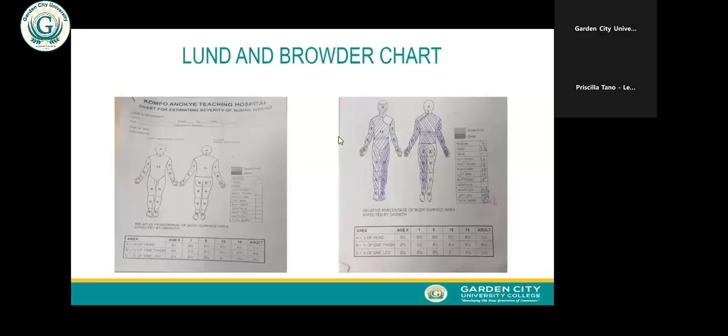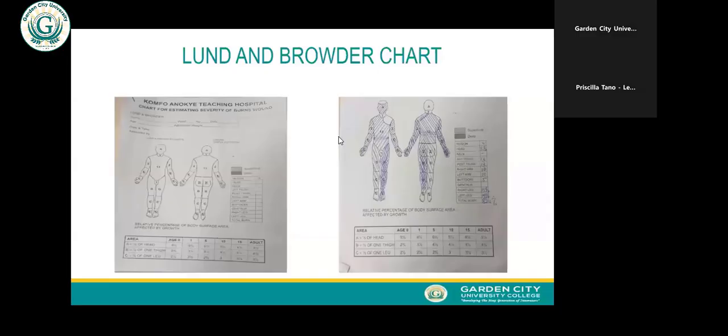Where you find 1, 1.5, 3, 4, they are all constant. But where you find the B, C, A, it means that they are subject to change based on the years of the individual. Is that okay?